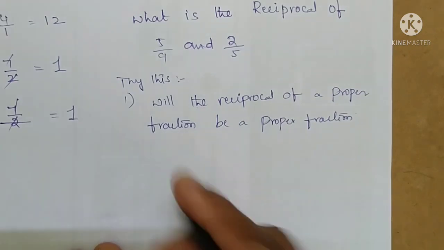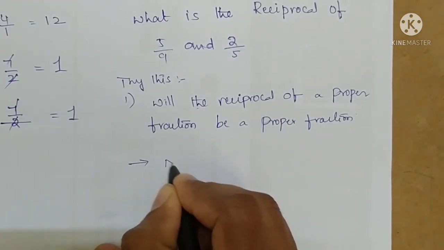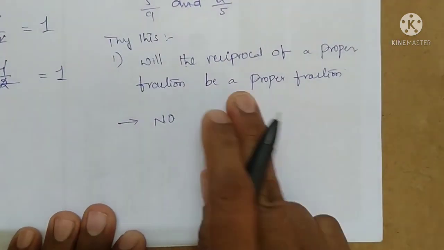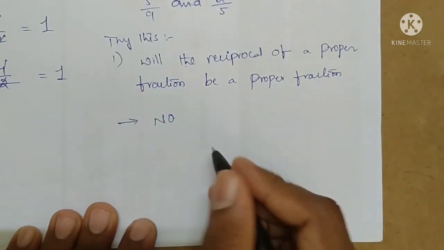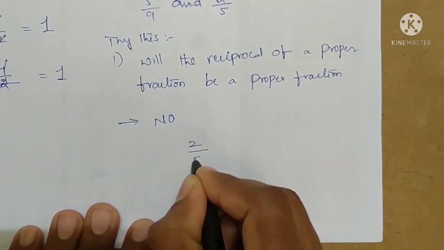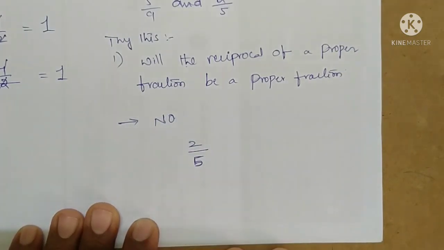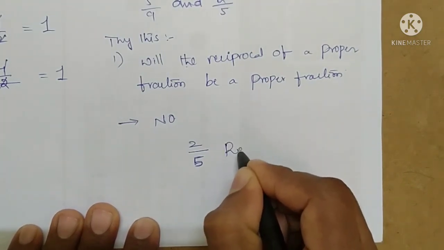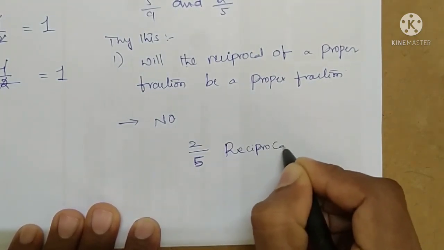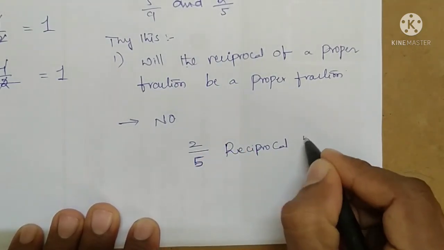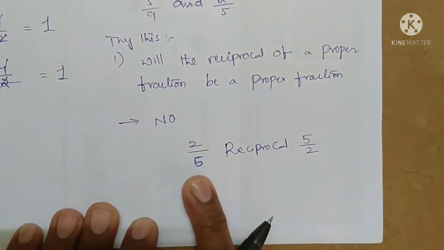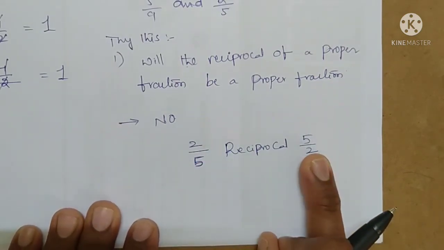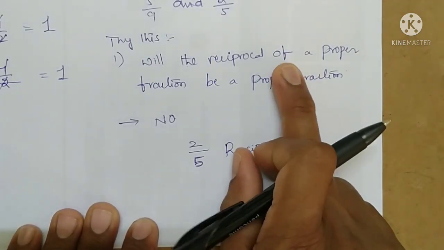This is your question. The answer is no. Here, for a proper fraction, let me take for example 2 by 5. Its reciprocal form is 5 by 2, right? This is an improper fraction. The reciprocal of a proper fraction is always an improper fraction. So the statement is false, right?